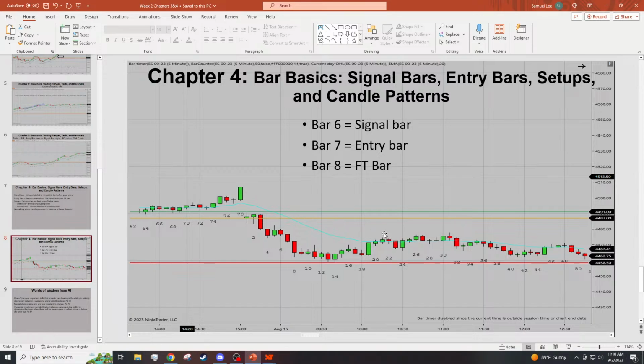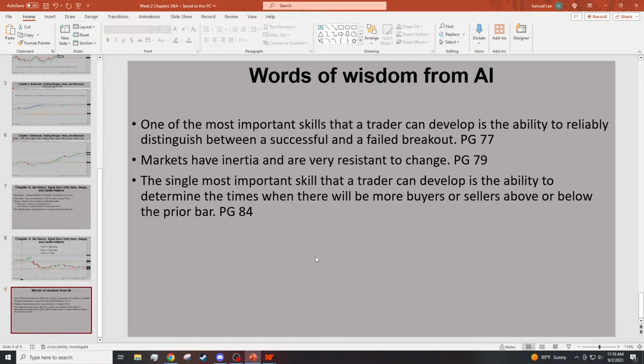And yeah, if they waited all day for it, they did get another sell, as you can see. So it's just higher probability trades whenever you're able to read breakouts correctly. This was said in the previous chapters, but if it's coming up again, you know how important it is. Markets have inertia and are very resistant to change.